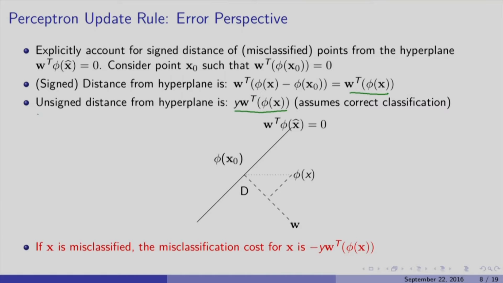So unsigned distance ideally, which means if a point is correctly classified, is the magnitude of distance. And as I said, ideal here corresponds to correct classification.